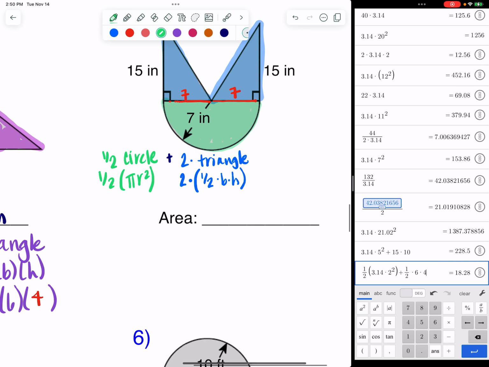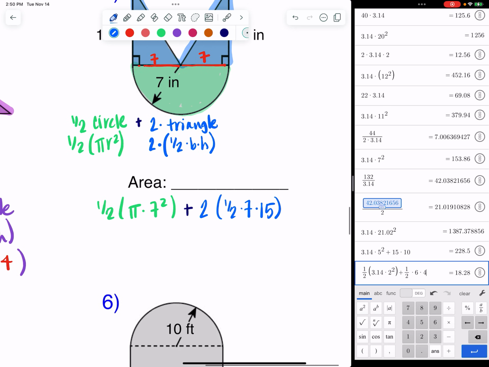For the circle, I have a radius of 7. And then I want to add 2 because I have 2 triangles. Base, we figured out was 7, and the height was 15.